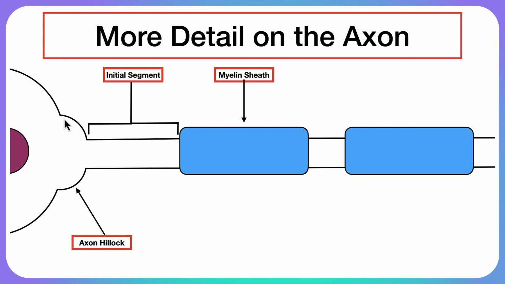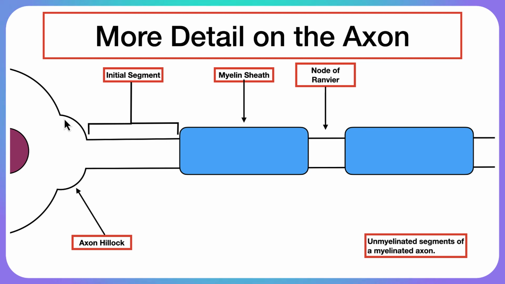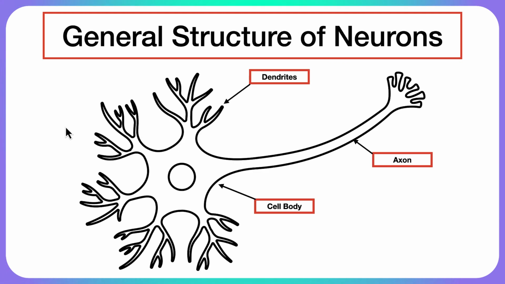So the next part that we can see on myelinated axons is going to be the node of Ranvier. So the nodes of Ranvier are unmyelinated segments of myelinated axons. And then the last part that we're going to look at is the internode. So the internode is pretty much the distance from one node of Ranvier to another node of Ranvier. So these are some things that we can see on axons.